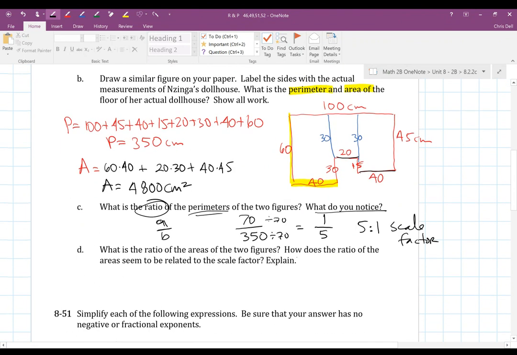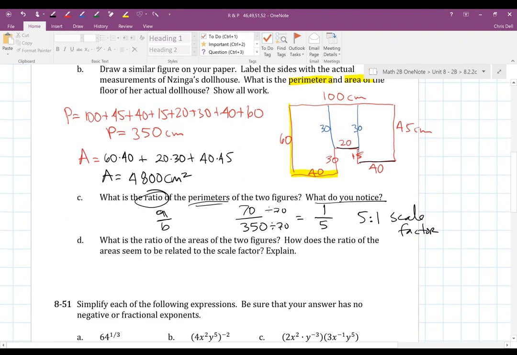And then what is the ratio of the two figures of the areas? So let's go with the areas. And I put my area of 192 over 4,800. If I simplify that, I believe you can divide top and bottom by 192 and you get 1/25.